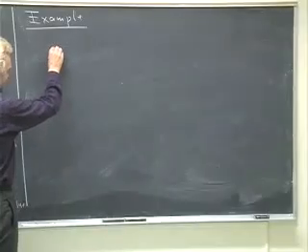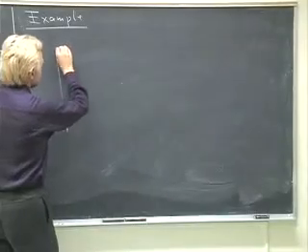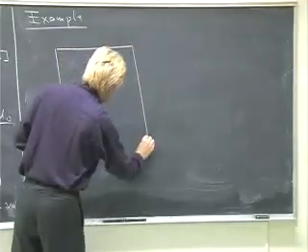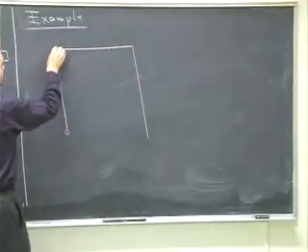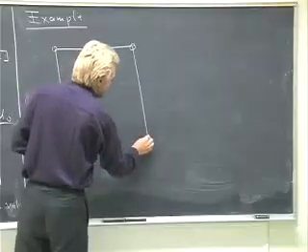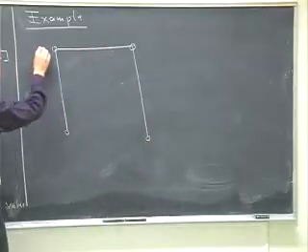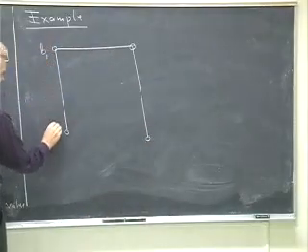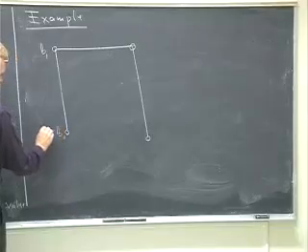Example, I give us 4 control points. Okay, this one, this one, this one, this one. And so this is B0, B1, and I give them concrete numbers.